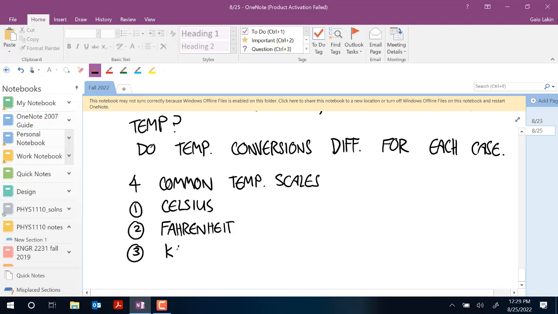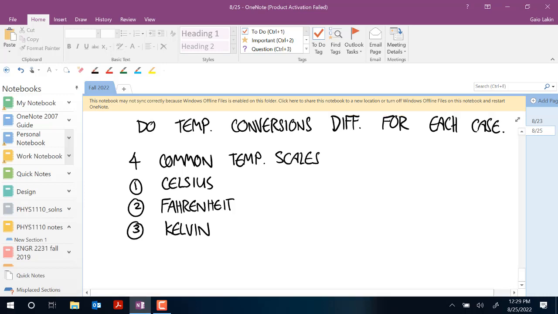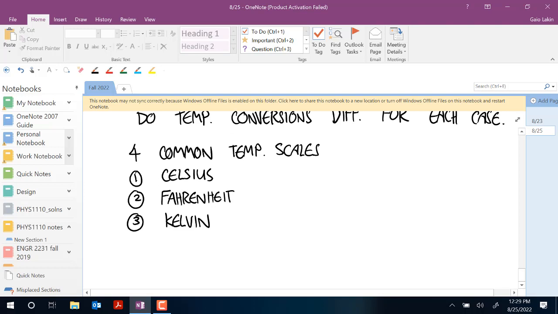So Kelvin, that's the one we're going to use the most because that's the SI temperature, but that's the same thing as Celsius, but the zero is absolute zero. And then Fahrenheit with the zero at absolute zero is called Rankine.